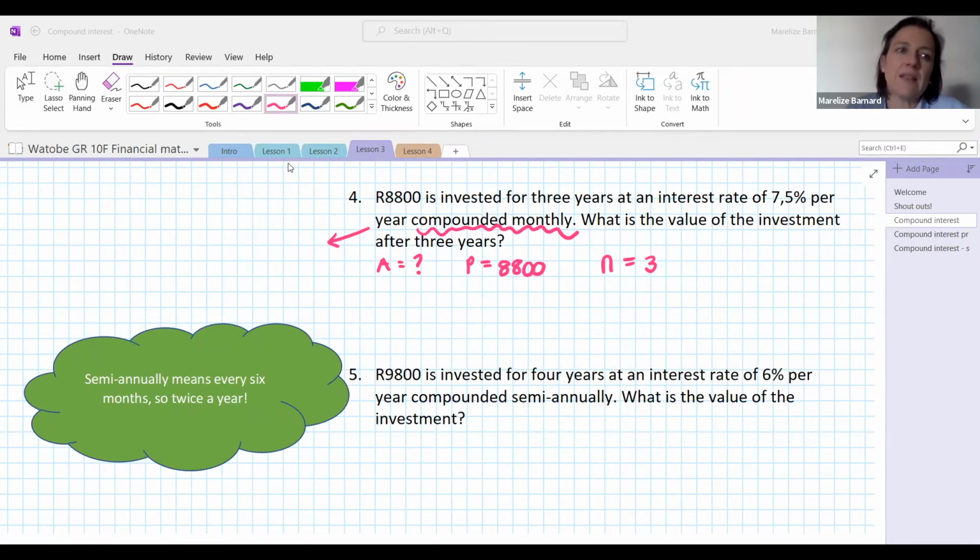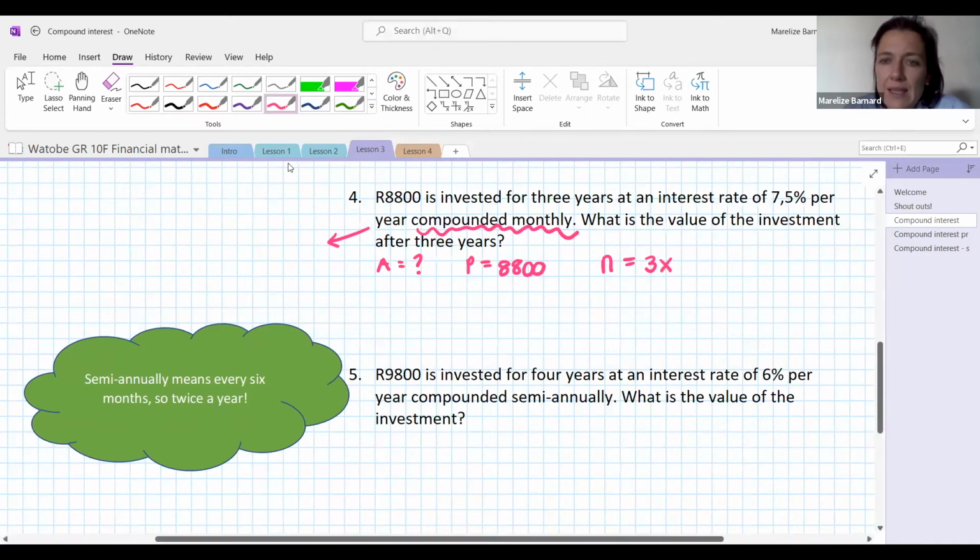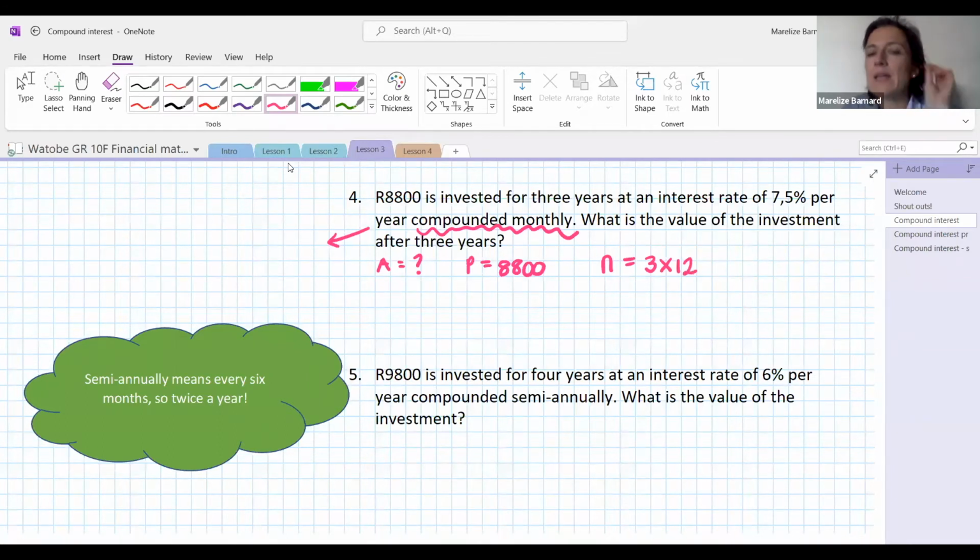Yes, that's right, Nkilikita. It is 12 times a year. So what we need to do is take the years, because we are putting the money away for 3 years, and times it by 12, because in each year we're going to earn interest 12 times. That's why we take the years and times it by 12. Now we're going to put this into our formula. So that's 8,800.